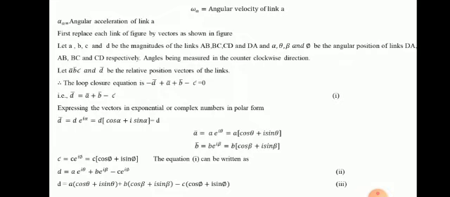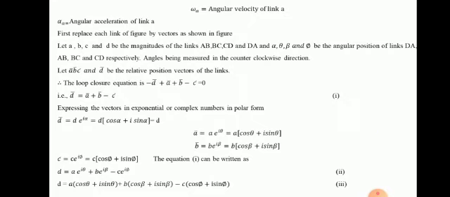The equation 1 can be written as D is equal to A e to the i theta plus B e to the i beta minus C e to the i phi. Therefore, D is equal to A into cos theta plus i sin theta plus B into cos beta plus i sin beta minus C into cos phi plus i sin phi. This is the equation number 3.